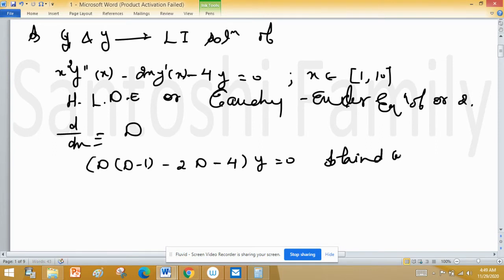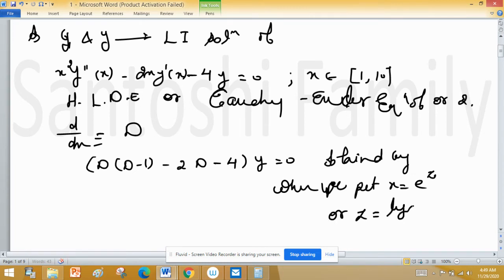It is obtained when we put x equal to e raised to the power z, or z equal to log x. We substitute this value in the original differential equation and we obtain this form.